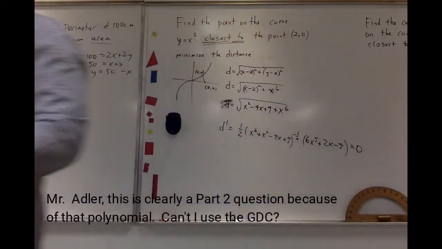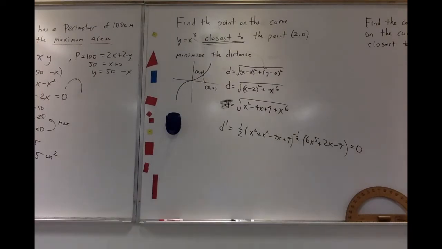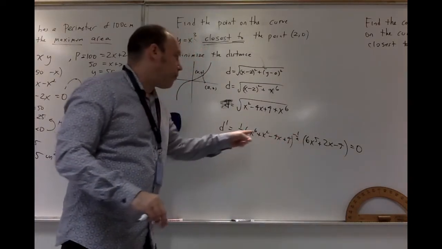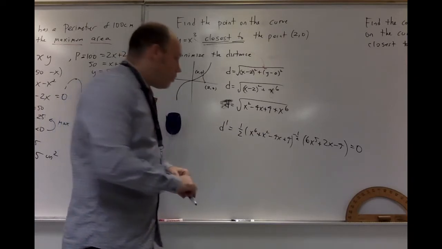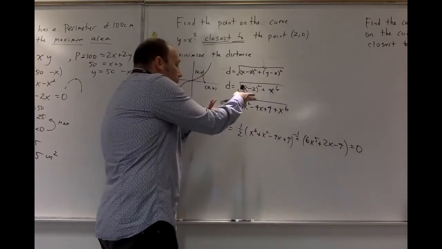Right? Now, here's the thing though. You don't have to do this if this is a calculator problem, right? Because what am I trying to do? Once again, I'm trying to find the minimum.